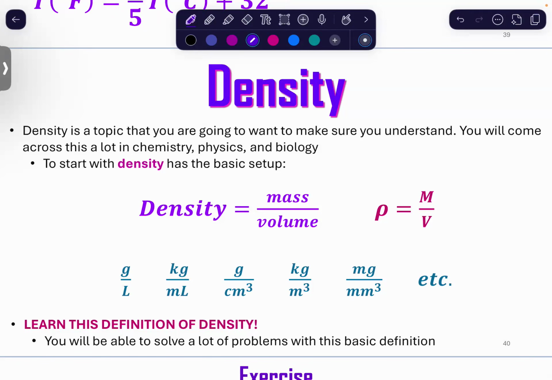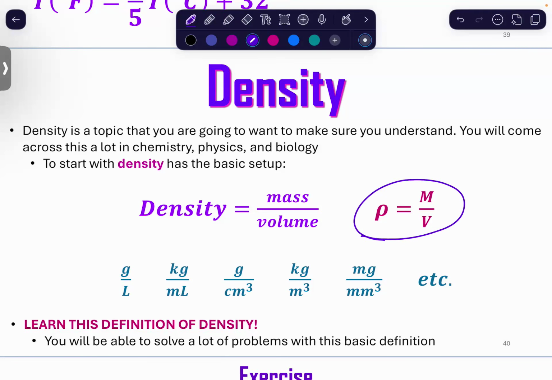It's just whatever substance it is. It's the mass of that substance divided by the volume. Now, I've given you the more classical representation of that. That first symbol there is a Greek letter rho. In a lot of chemistry and physics textbooks that you'll find, density will be represented by rho. So I just wanted you to see that symbol so you know what you're looking at when you see it.